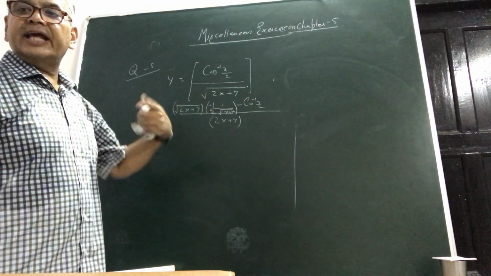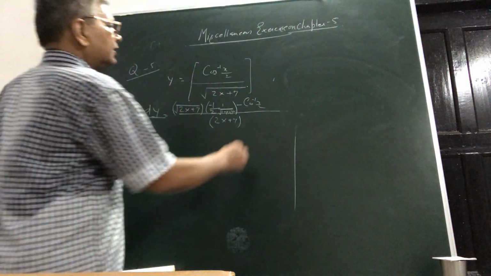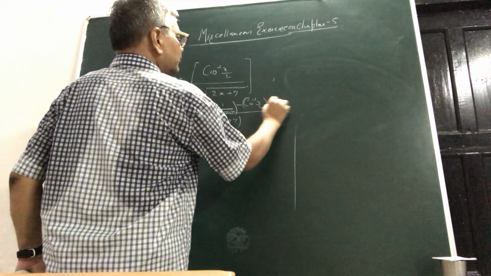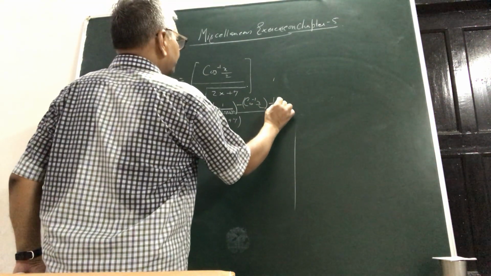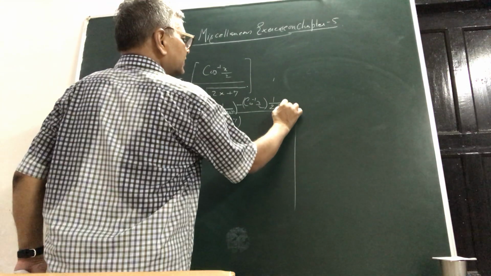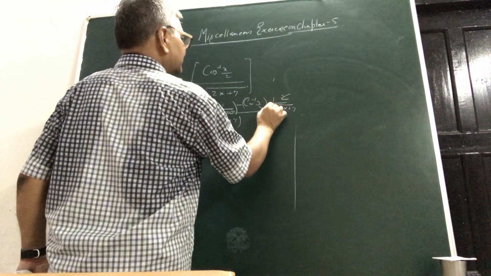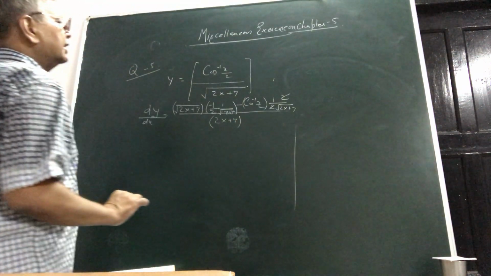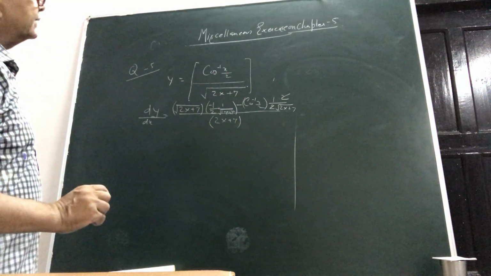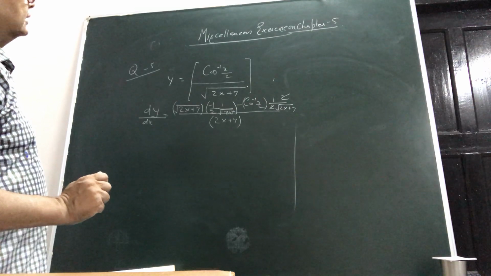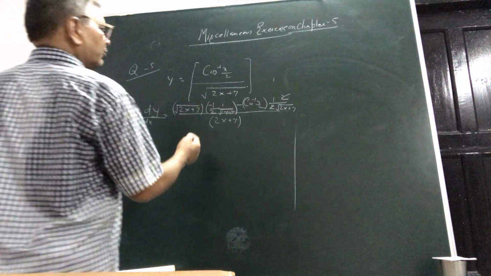So under root p, the derivative of under root p is 1 upon twice under root p. So under root 2x plus 7, and then the derivative of this thing is 2. So 2 cancels. Yes, this is under root 2x plus 7. So this is what you will acquire.